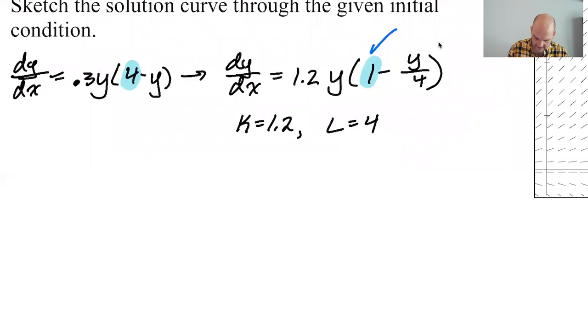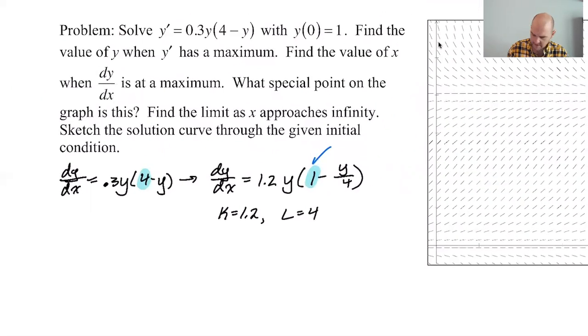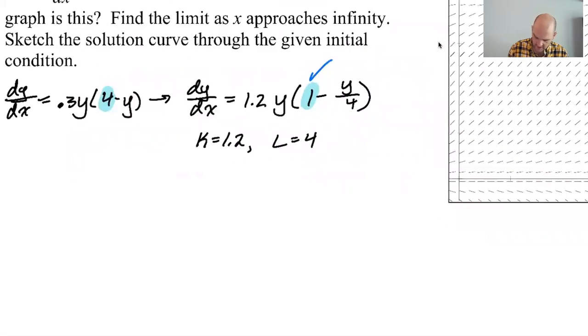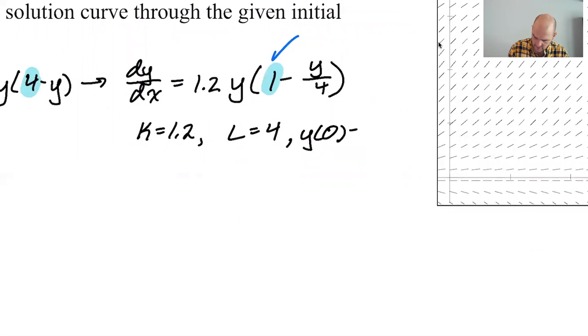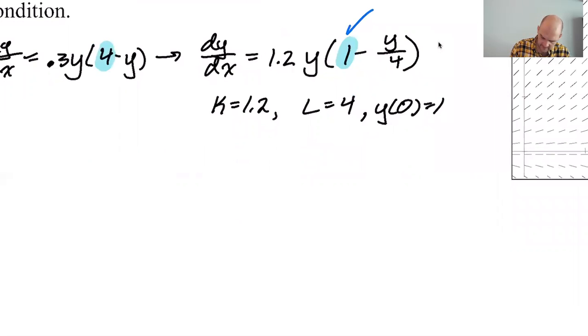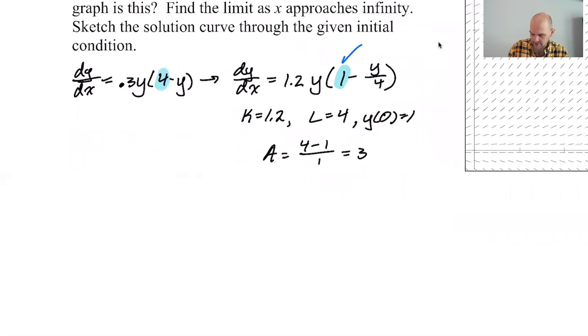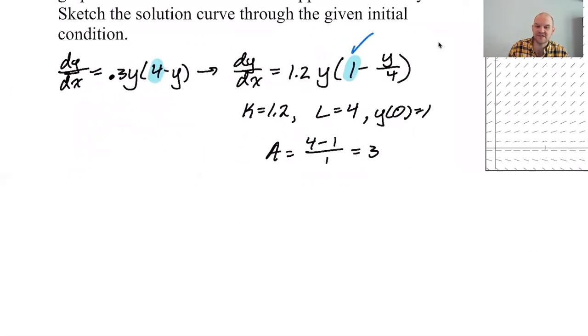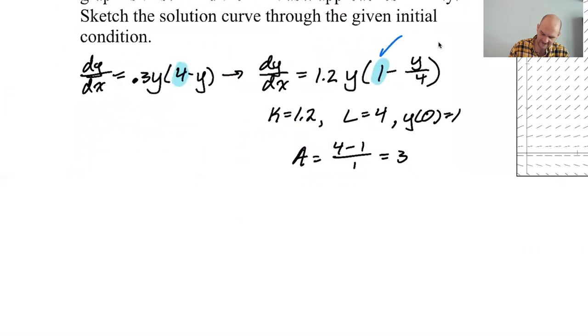We also know that the initial condition is that y of 0 is 1. So since y of 0 equals 1, we can solve for A. So A is (L minus y0) over y0, which is (4 minus 1) over 1, so 3. A is 3 a lot in the problems that I write, and I don't know if there's a reason for that. I guess it's coincidence.